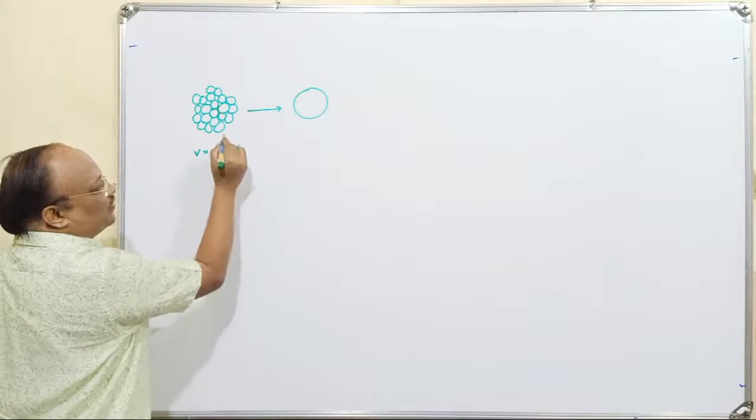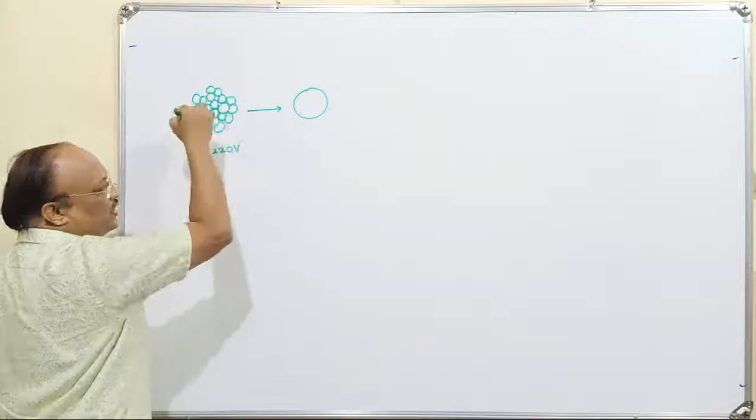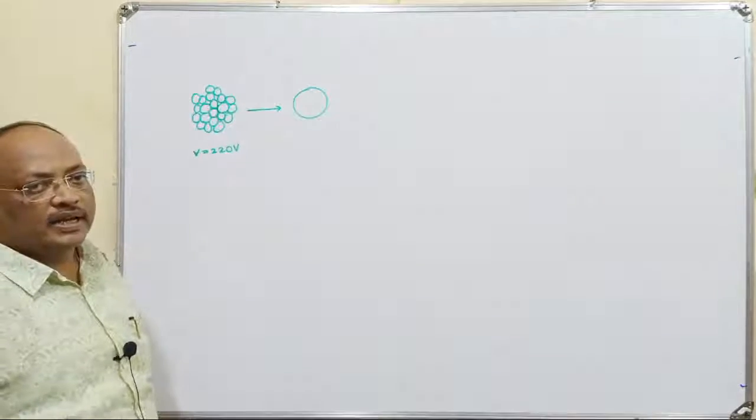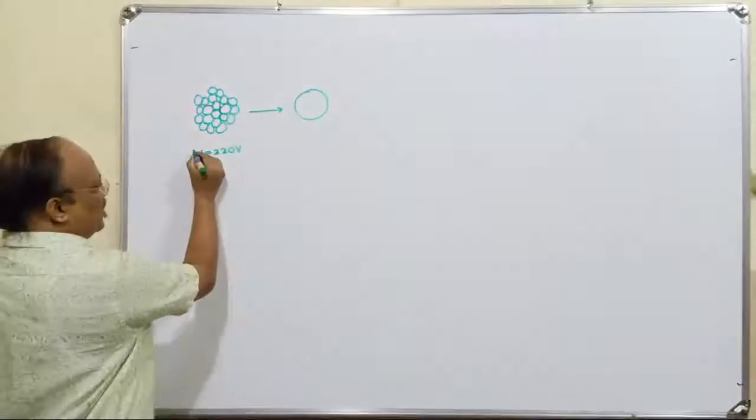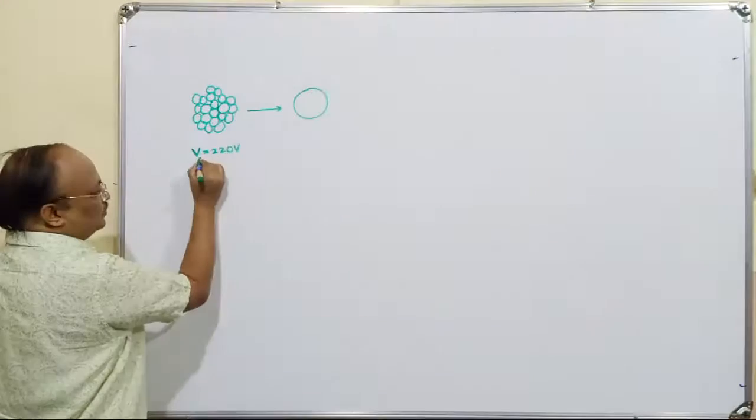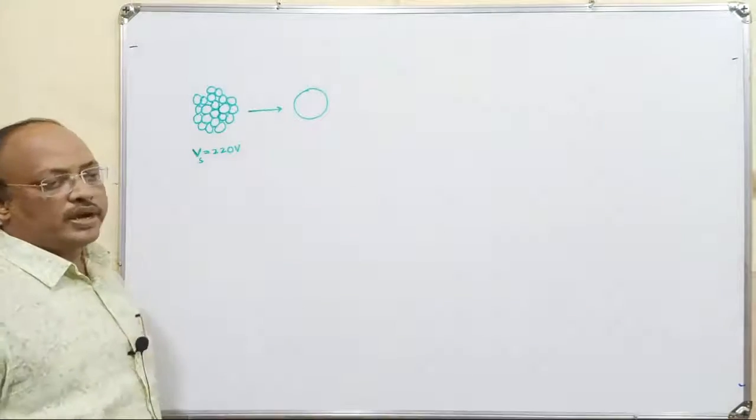On each of these there is a potential of 220 volt. Potential of a small drop is 220 volt.